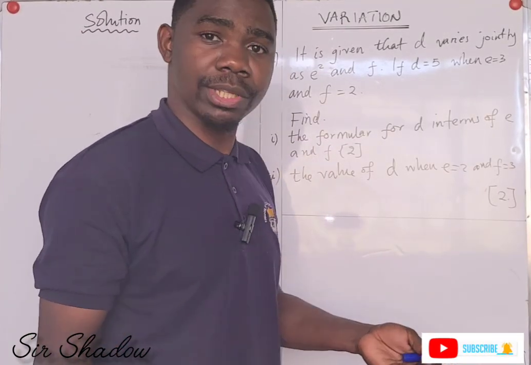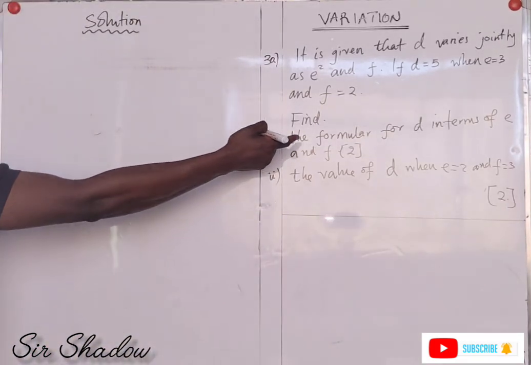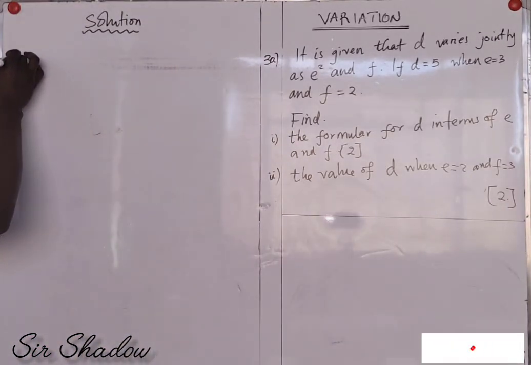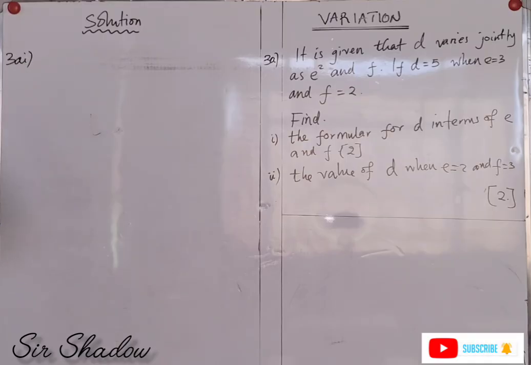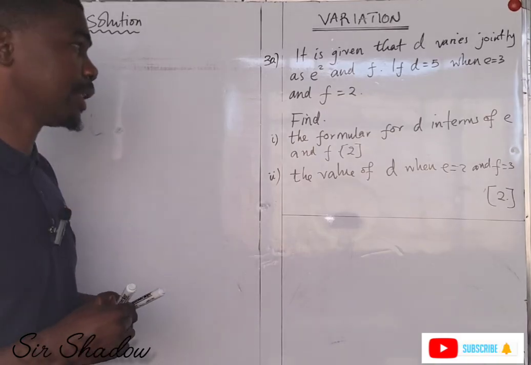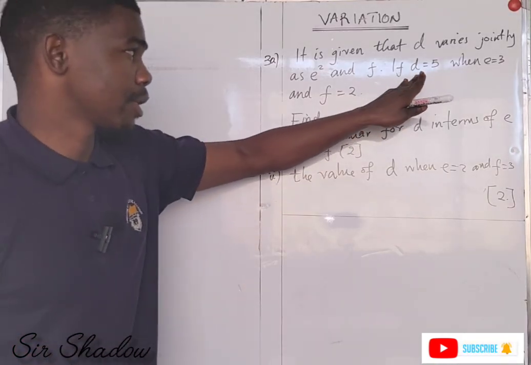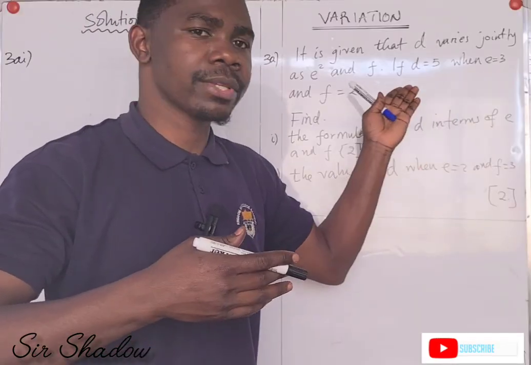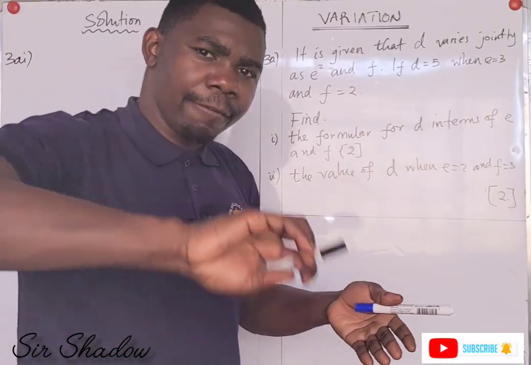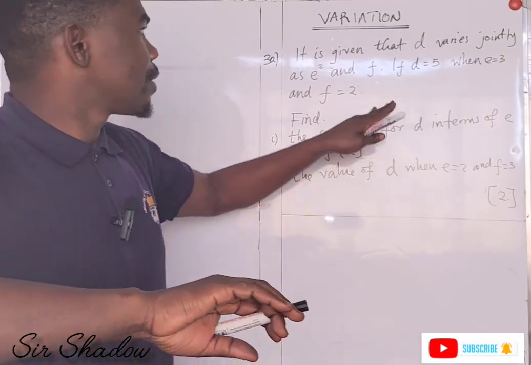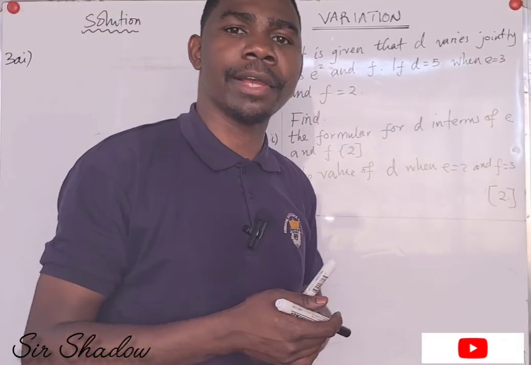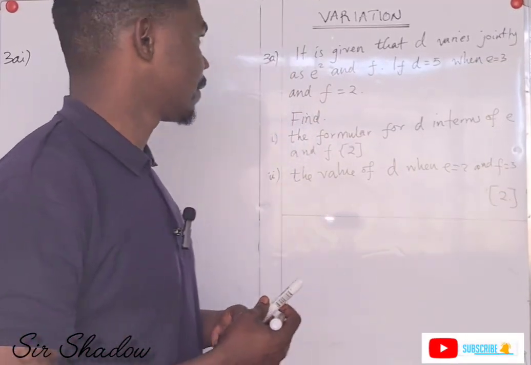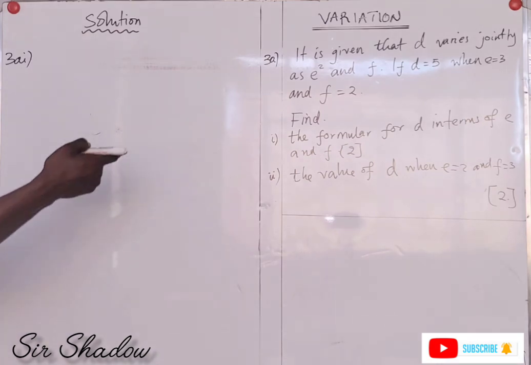So, for question 3A item 1, we want to find the constant because we are given these variables. Whenever we are given three variables, the variables which are given at the same time as the question are used to find a constant.